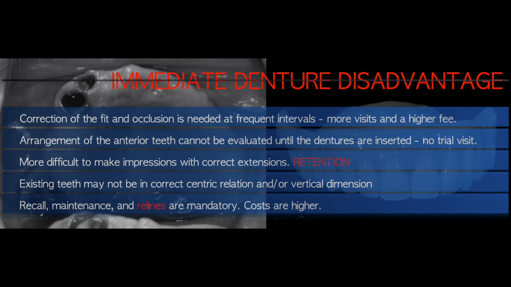And recall, maintenance, and reline are mandatory, because after the teeth are removed, the tissue goes through a resorption and remodeling process. That means a gap will be created between the prosthesis and the tissue over time. Therefore, the reline is mandatory, and this reline procedure will be an additional fee, so the cost will also be higher. So these are the disadvantages of an immediate prosthesis.